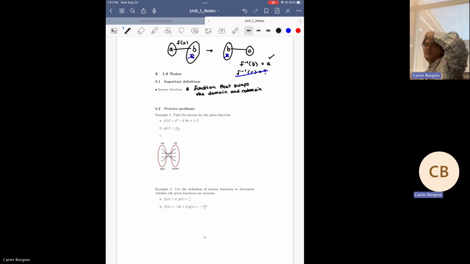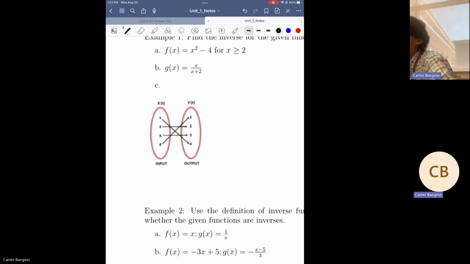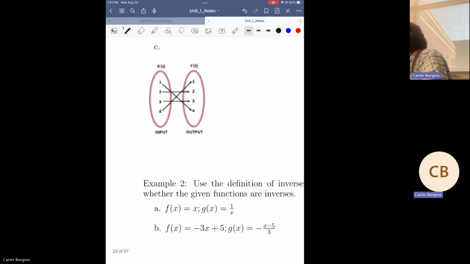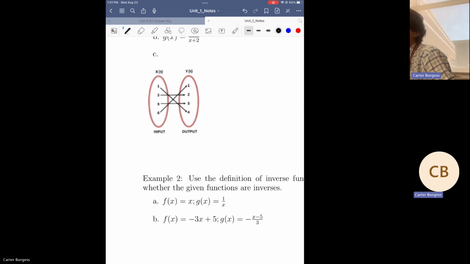Okay, I want you guys to take a stab at A and C here. For C, you're not going to be able to come up with an equation like what we've been doing. You could either write a list of ordered pairs, or you could draw the bubbles and draw the arrows, whichever way you prefer to show that inverse mapping. But we'll take 5-10 minutes or so, take a stab at A and C, so finding those inverse functions.